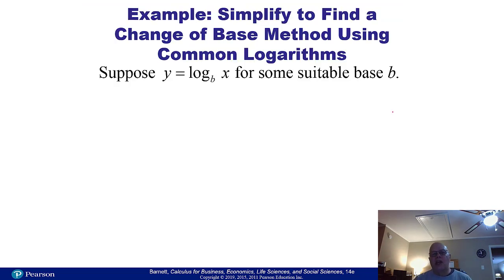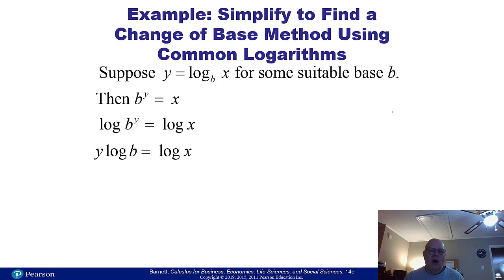Now, what if you have to change base? This probably is something you won't have to do, but just in case. Now, here's the exponential version of it. We can take the logarithm of both sides. Bring that y out front. Now notice you got the 10 as the base on both sides.